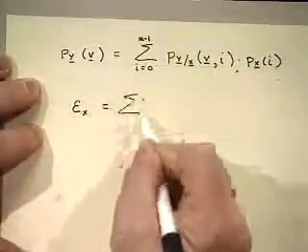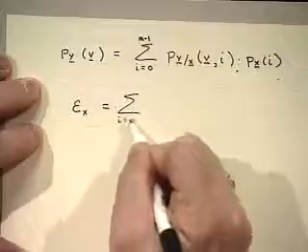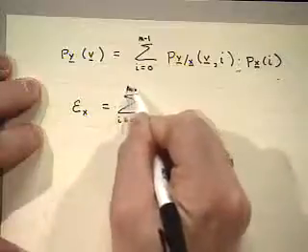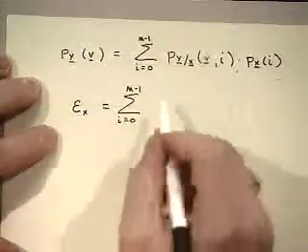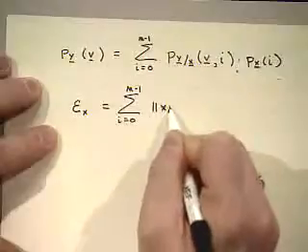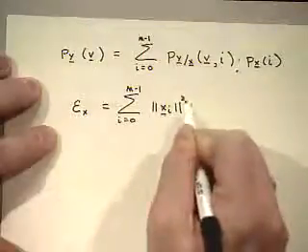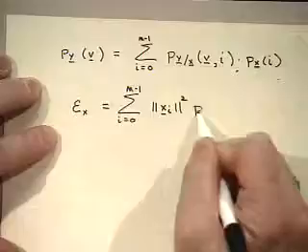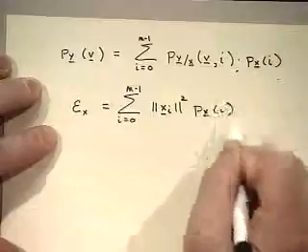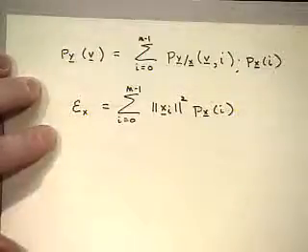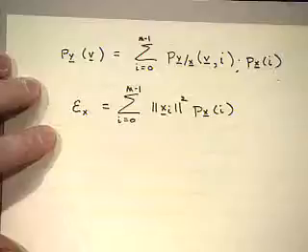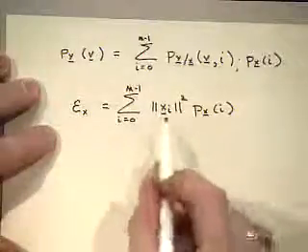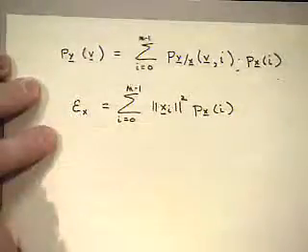Another formula, Ex, the energy: the sum from I equals 0 to capital M minus 1, summing over the message set, of the norm of xi vector squared times P of xi. Basically, more clearly defining what energy means.